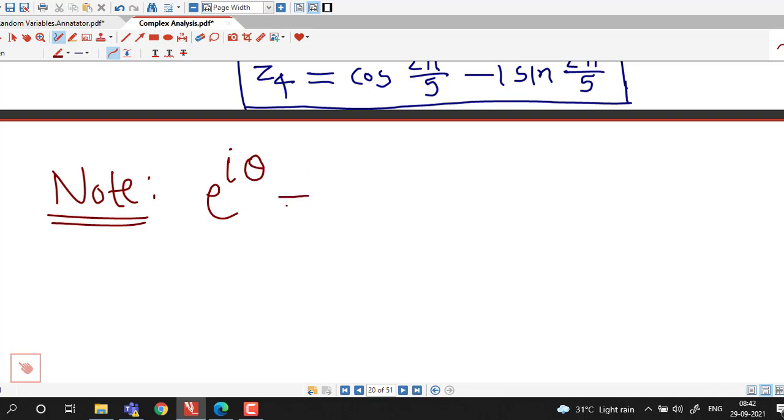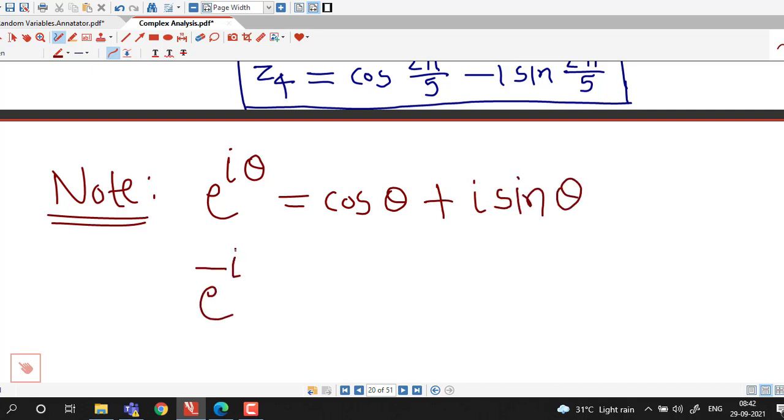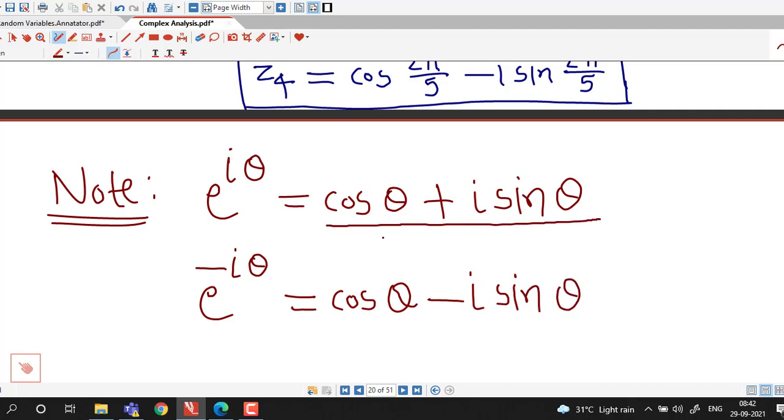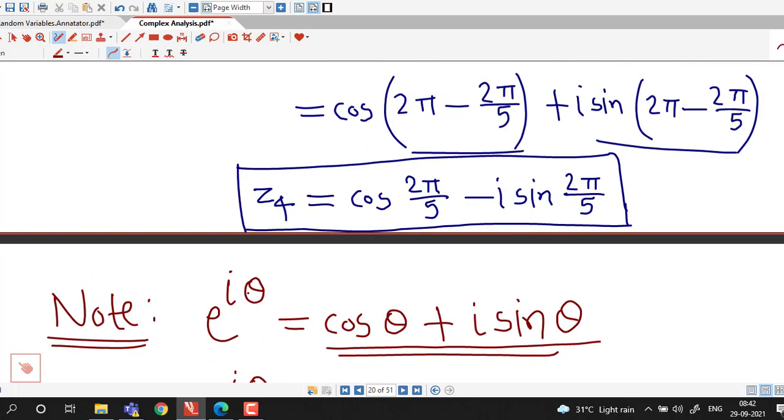We know that e raised to i theta is cos theta plus i sin theta, and if we replace theta by minus theta, we have e raised to minus i theta is cos theta minus i sin theta. So if we don't want to write cos theta plus i sin theta, we can write it as e raised to i theta, and cos theta minus i sin theta can be written as e raised to minus i theta.